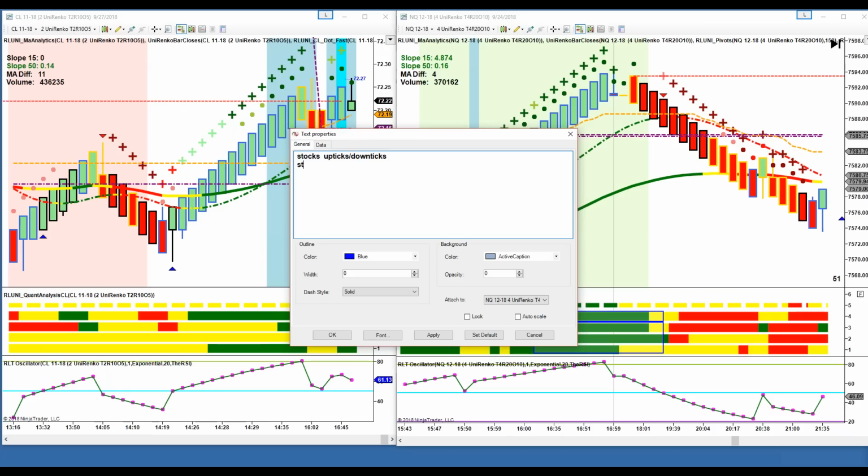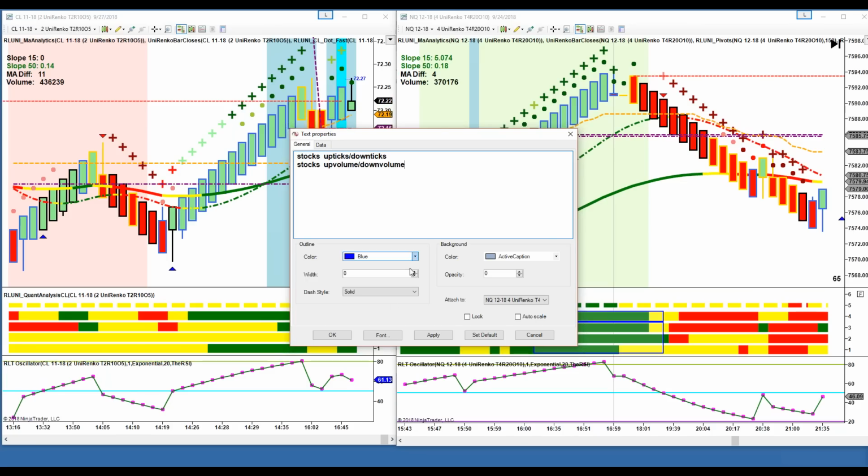with stocks that are moving on up volume versus stocks that are moving on down volume. Because I can't spell.